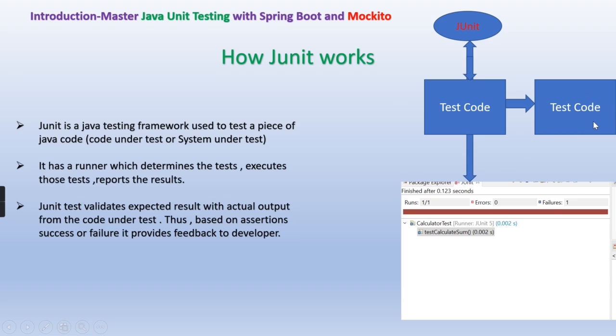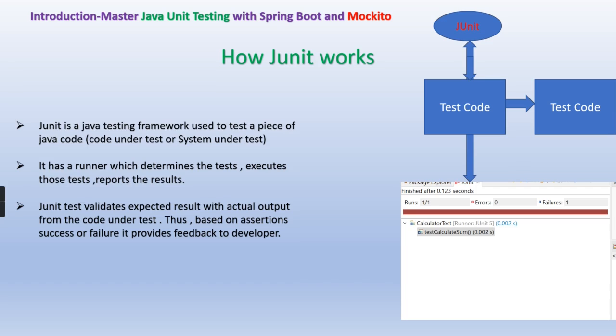JUnit validates the expected result with the actual output from the code under test. Thus, based on assertions, success or failure, it provides feedback to the developer. You will see assertions in upcoming sessions. Based on the assertions, we decide whether the expected functionality is working fine or not.